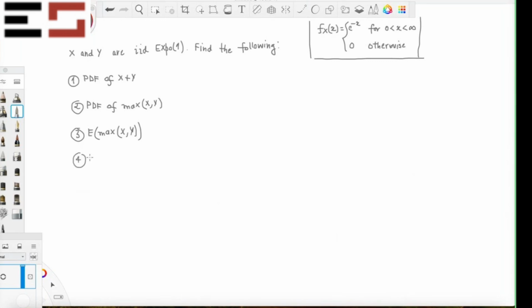Also figure out the PDF of min(x, y), and then the expected value of min(x, y).